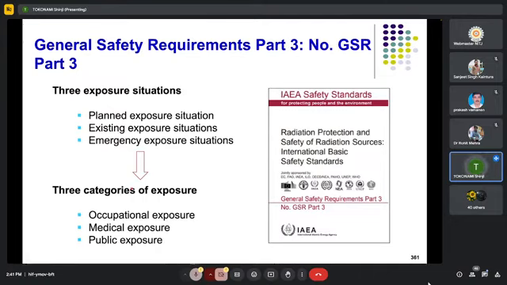Then we have 3 categories of exposure. That is, they are occupational exposure, medical exposure, and public exposure. This document covers all the situations and all the exposures.